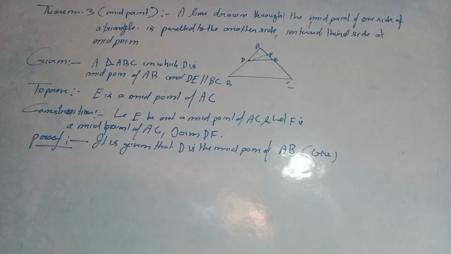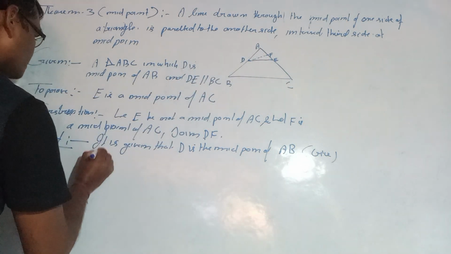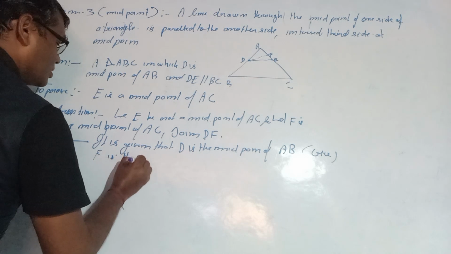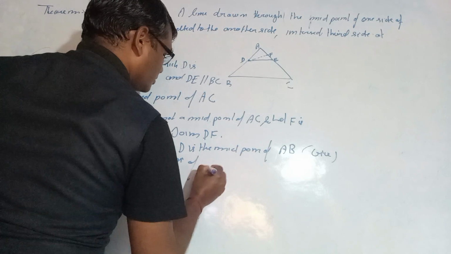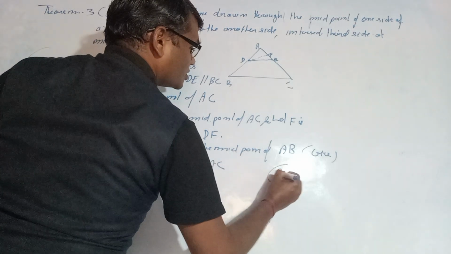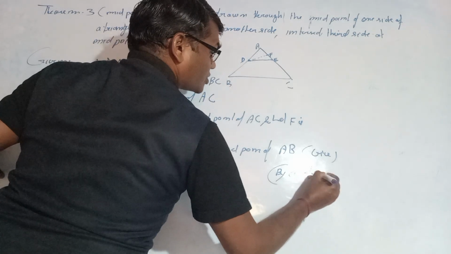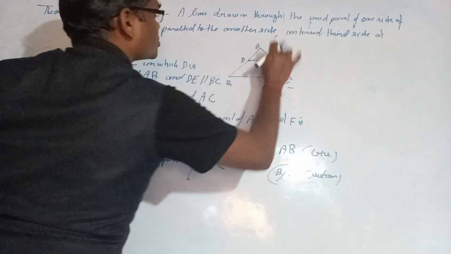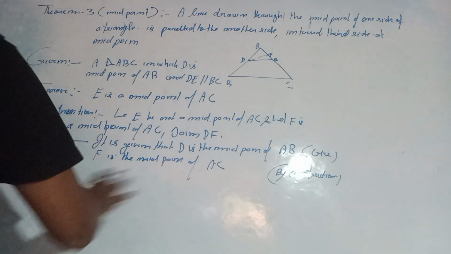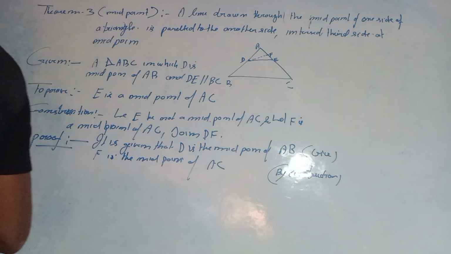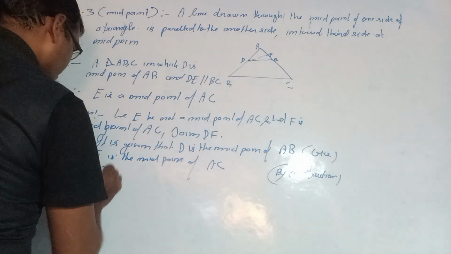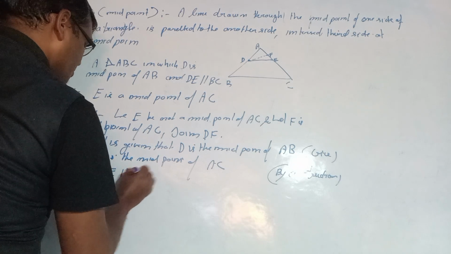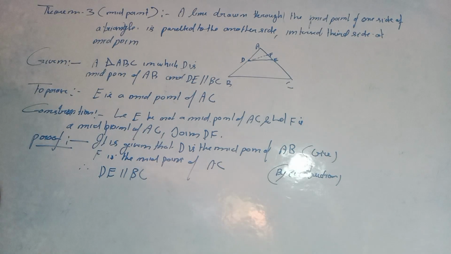And F is the midpoint of AC, by construction. Here is the construction we have done. And since DE is parallel to BC, why? It is given.